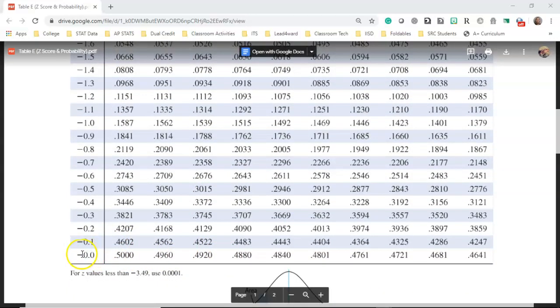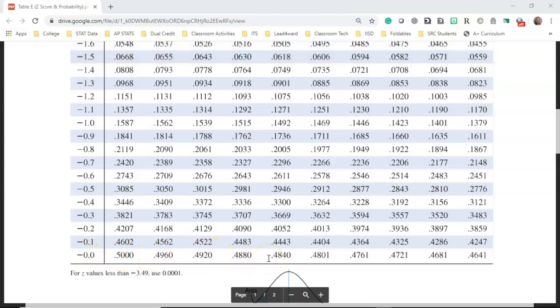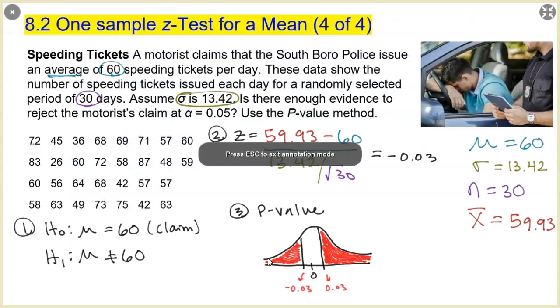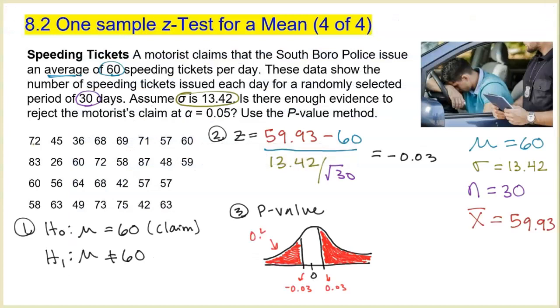So 0.0 negative 1, 2, 3, 0.488. And since the distribution is symmetric, that means it's the same area in both sides. So for a two-tailed test using the p-value method, we have to double that area. So this would be the probability from this particular result, 0.976.